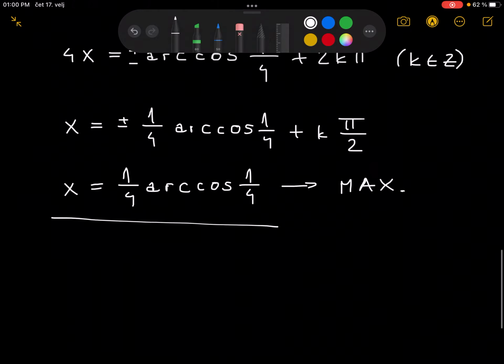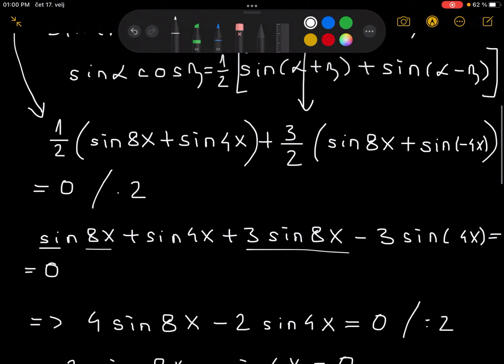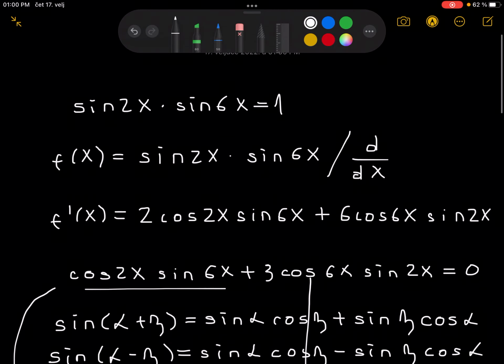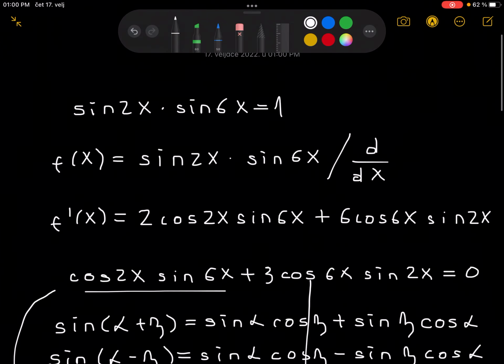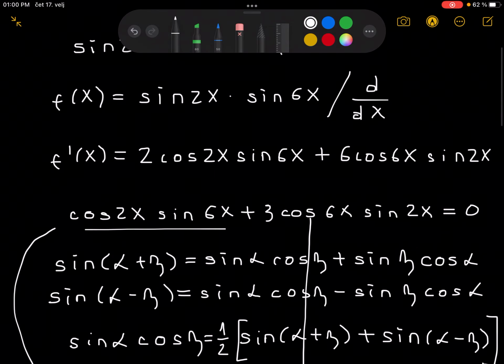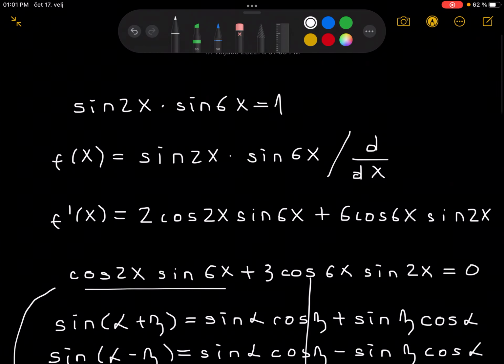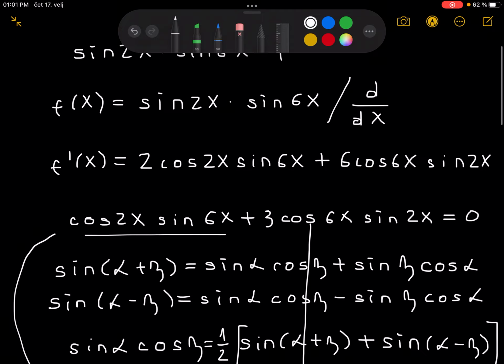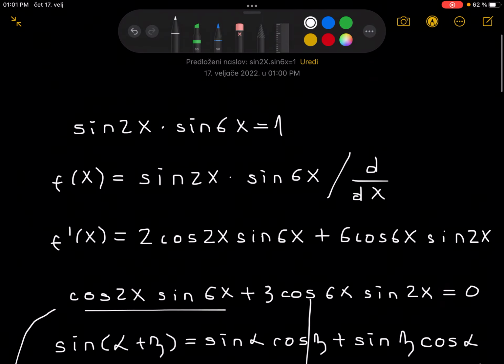And what you're supposed to do later is plug this value into the original equation.